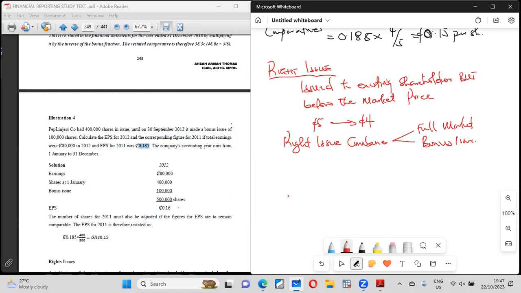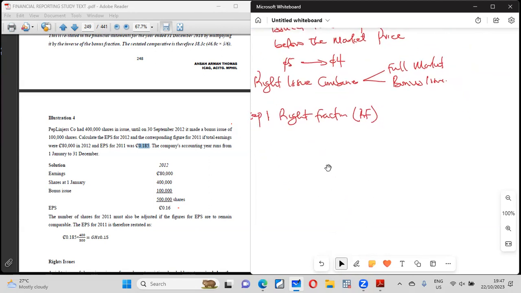Step 1 when there's a right issue is to calculate the right fraction, which I call the RF. Now, what is the formula for the right fraction? The formula for the right fraction is the price of the share before the right issue, the market price before the right issue.